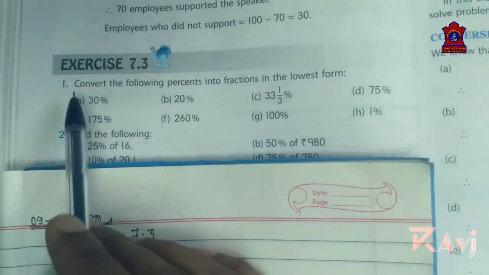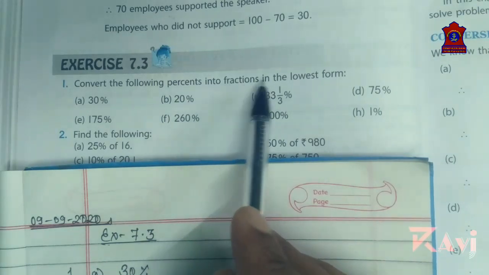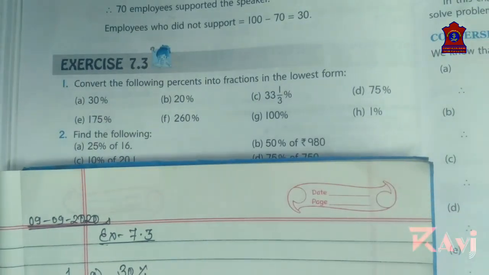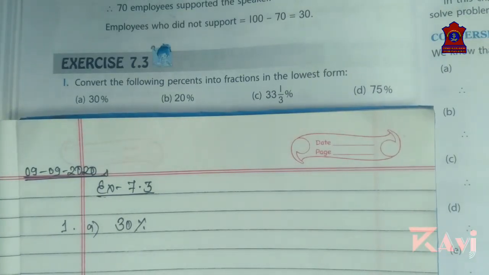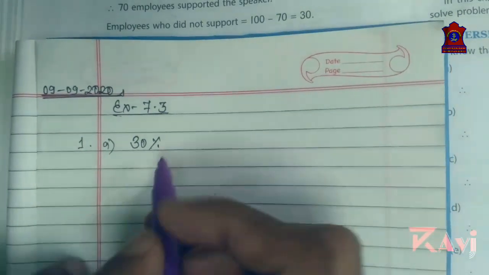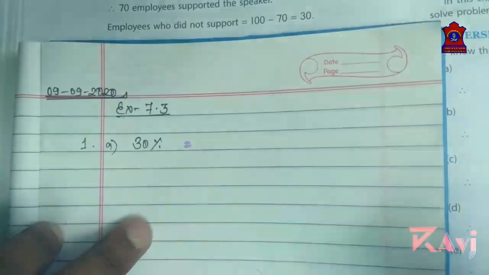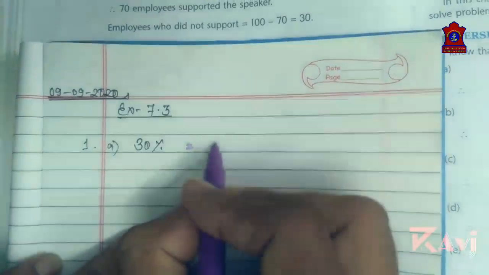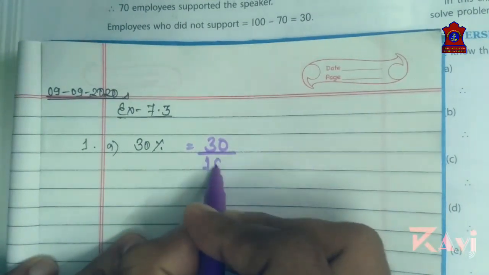Question number 1. Convert the following percents into fractions in the lowest form. Okay, we know in question number 1 it is given 30%. So 30% can be written as 30 by 100.